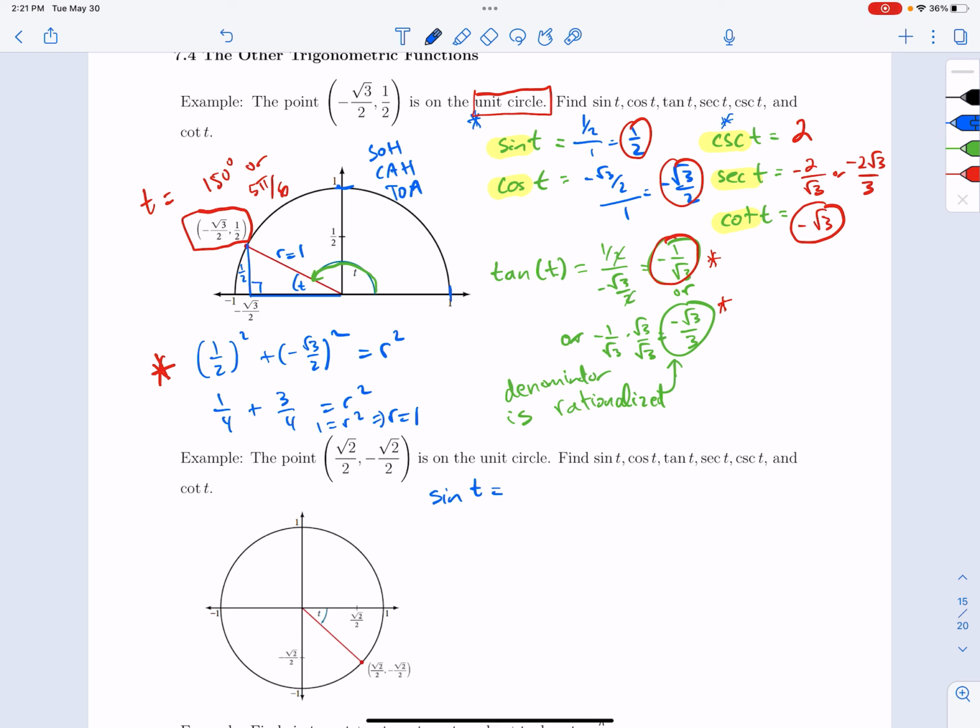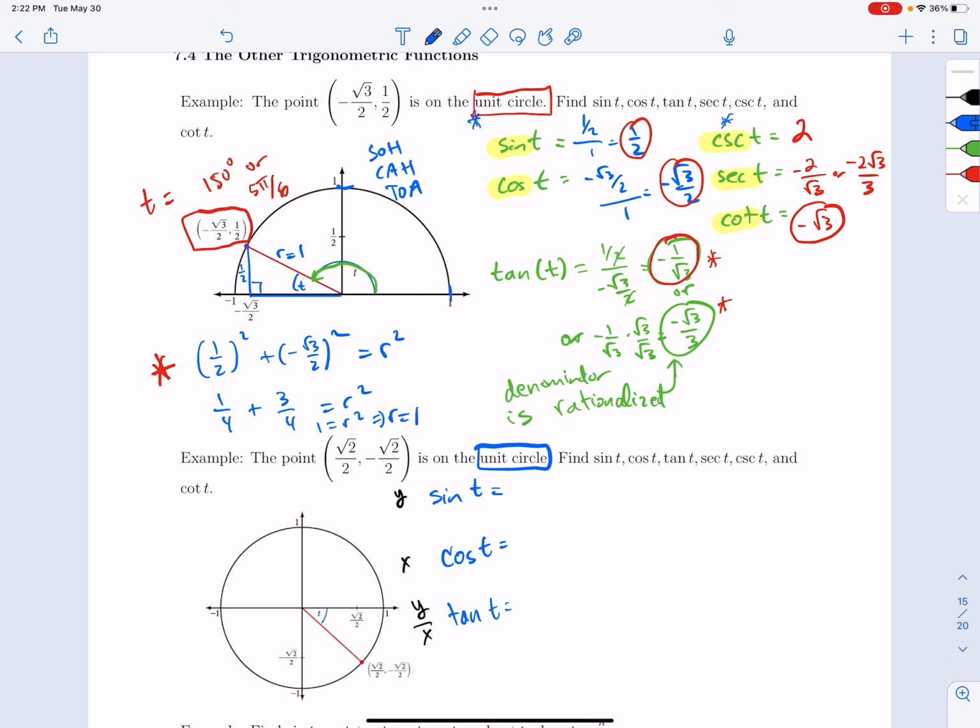Another way is if I'm dealing with something on the unit circle, which just means the radius is 1, I can let sine always correspond to the y coordinate, cosine correspond to the x coordinate, and tangent correspond to the ratio of y over x. So this is just a second way to do it. Sometimes this might be easier, sometimes using a right triangle will be easier. It just depends on what we're given.